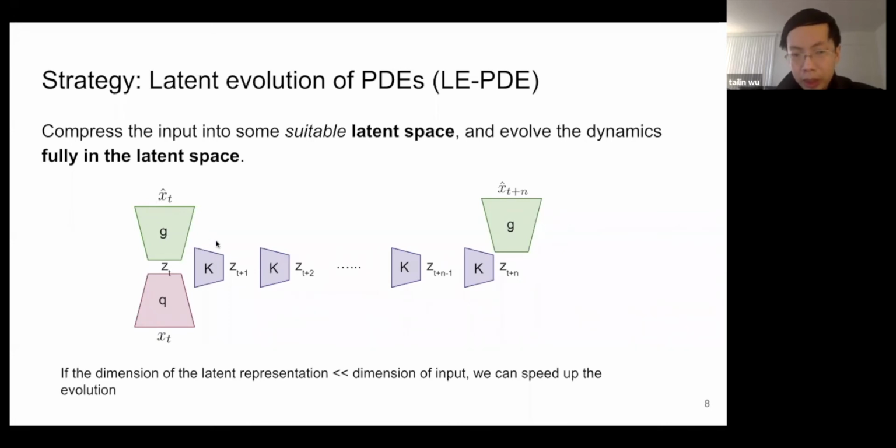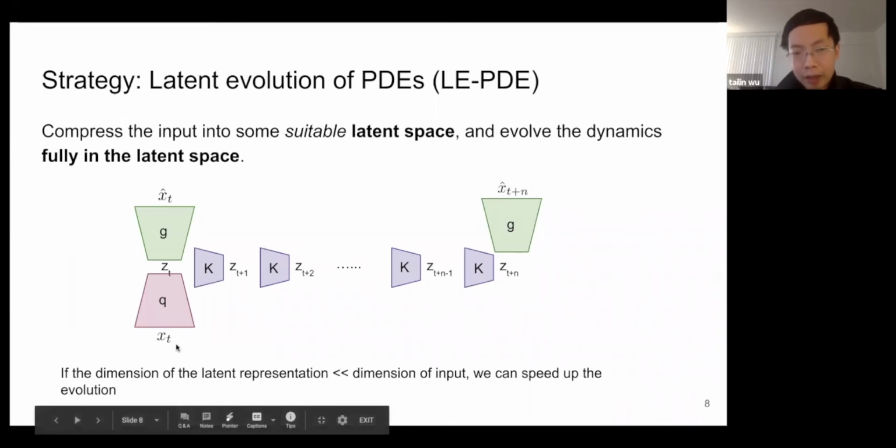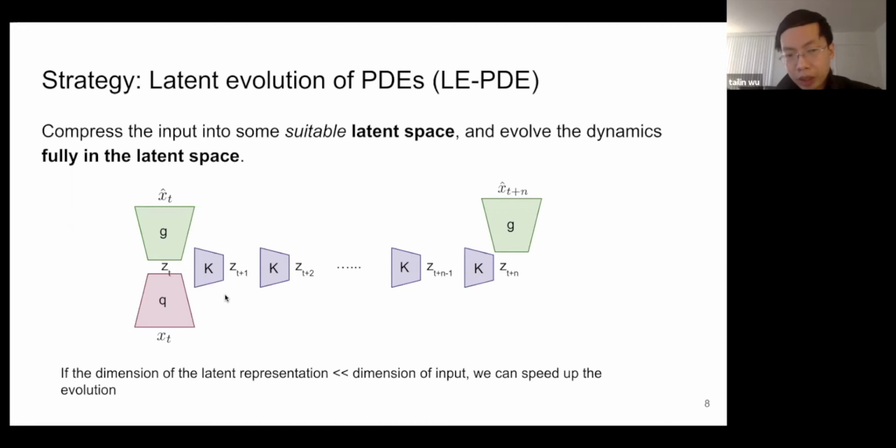We can also simultaneously learn an evolution operator that can evolve this latent vector in the latent space. If the dimension of the latent vector Z is much smaller than X, then the cost will be much smaller than if we have to learn the evolution in the original space. By this, we can achieve speed up by evolving in latent space.